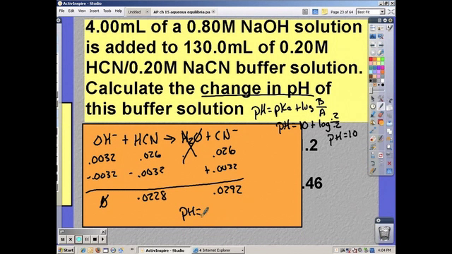But what did I forget to do there? I'm left with moles, not molarity. So I need to go back and find my molarity by dividing by total volume, which in this case is 134 milliliters, or 0.134 liters.